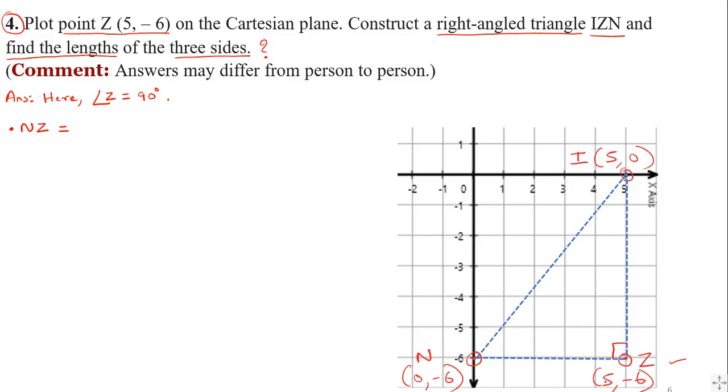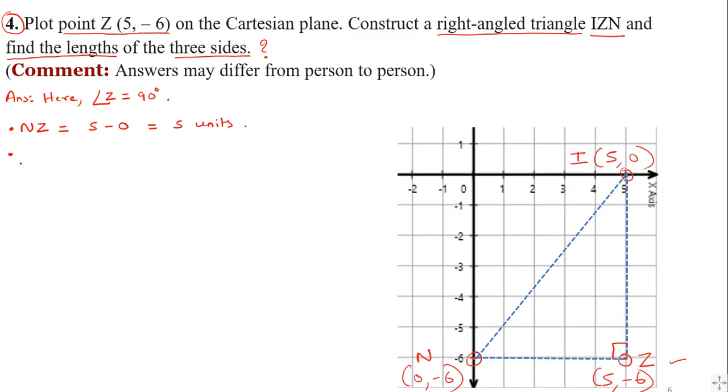So we do not consider the same coordinates, else we won't be able to find the length of this side. So we have to take the other coordinates, 0 and 5. So here we will say 5 minus 0, which is equal to 5 units. So the length of side NZ is 5 units.